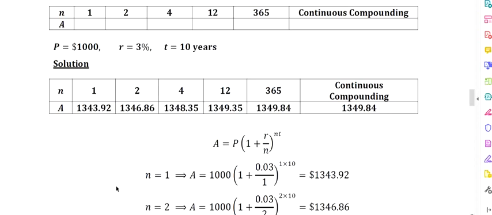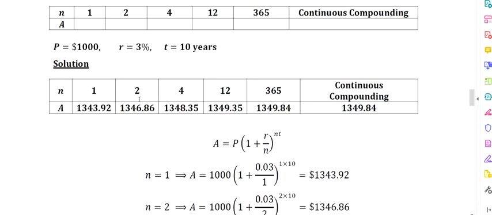And then do the same for n equals 2, 4, 12, and 365. When n is 1, it means that the interest is added once, yearly, because the time here is always given in years. If n is equal to 2, it's half yearly, every 6 months.